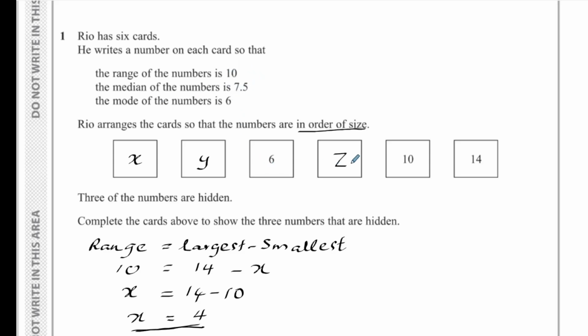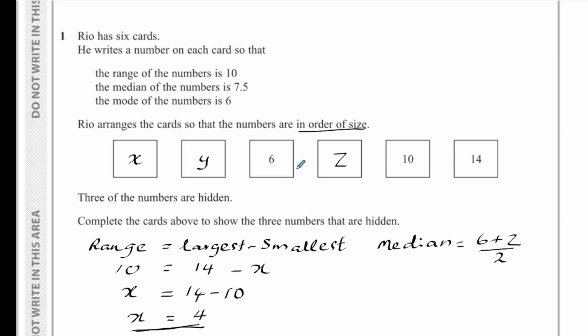If you put 6 here, to get the median, median equals 6 plus Z over 2, because there are 2 cards in the middle. When you are getting 2 numbers in the middle to get the median, you have to add them together and divide it by 2.